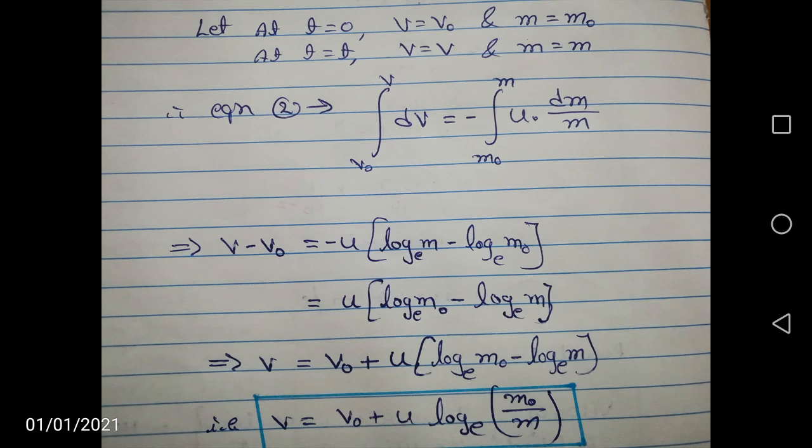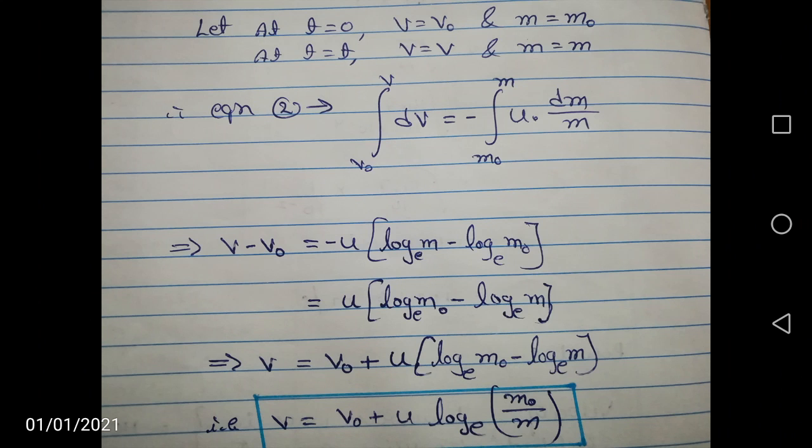At time t equals 0, let the velocity of the rocket be v0 and its mass be m0, and at time t, let it be v and m. Therefore, equation 2 can be written as the integral from v0 to v of dv equals minus the integral from m0 to m of u dm by m.